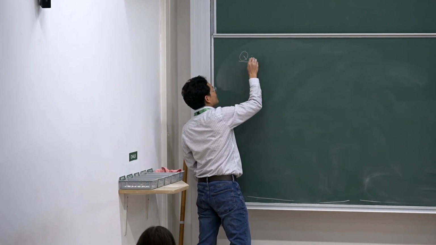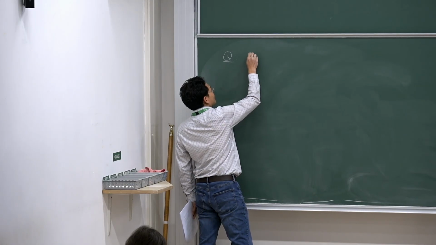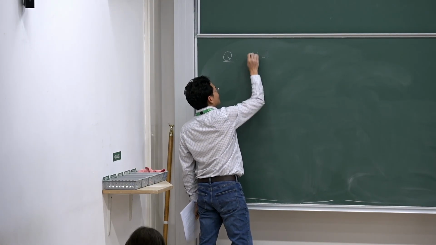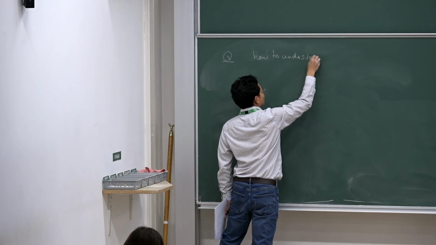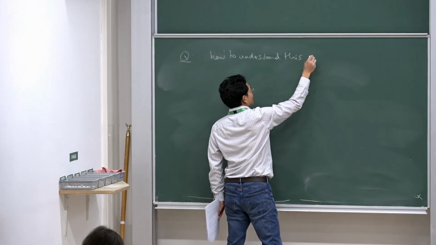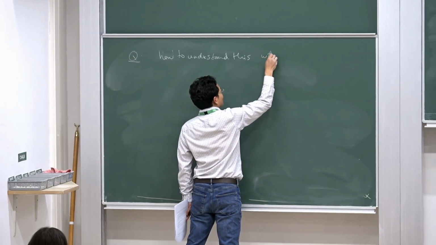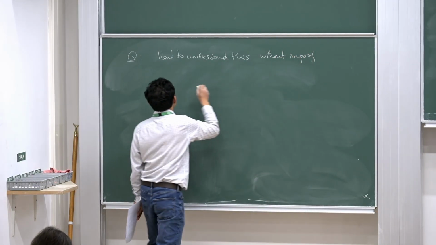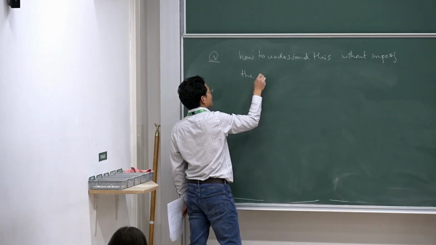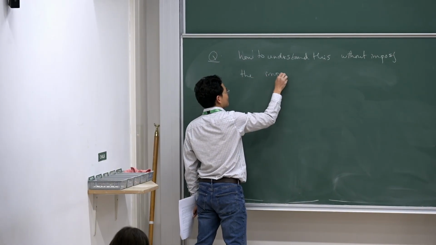So the question is how to understand this without imposing the imparity condition.